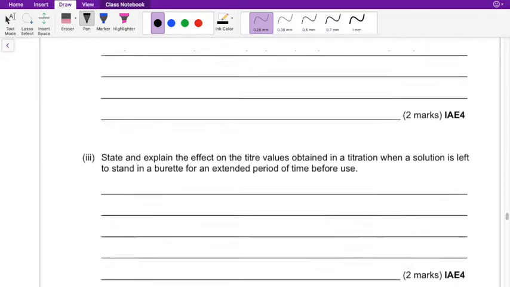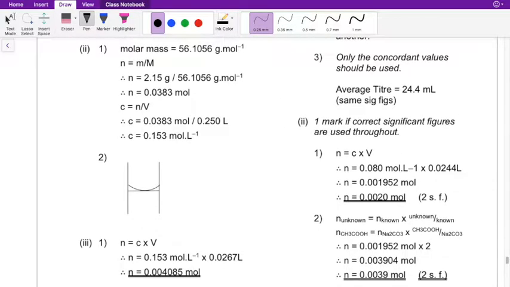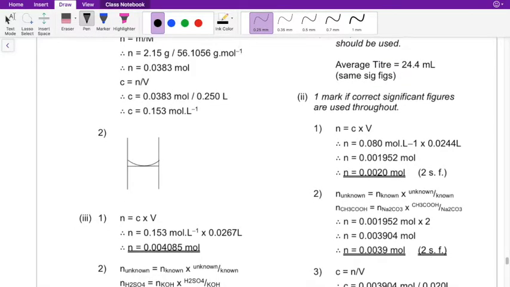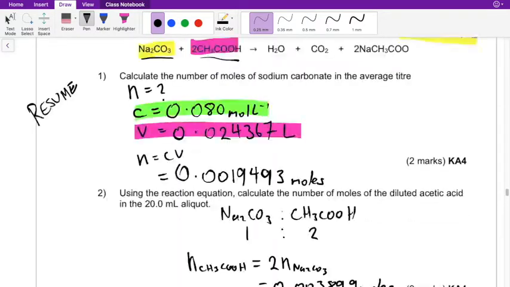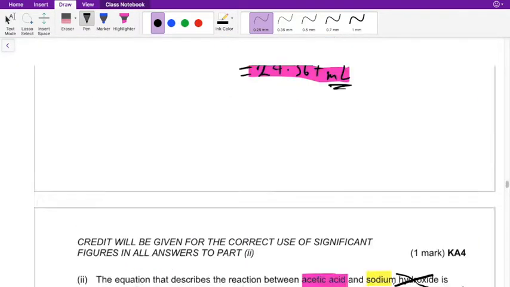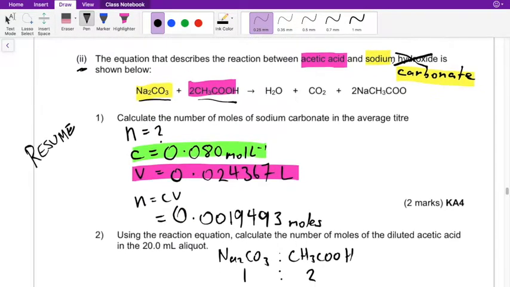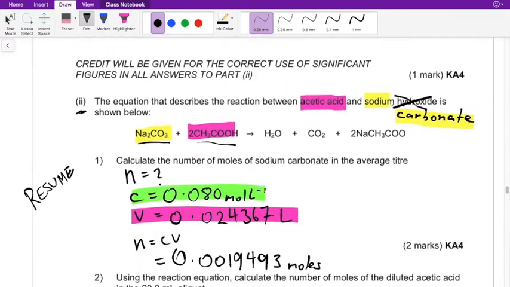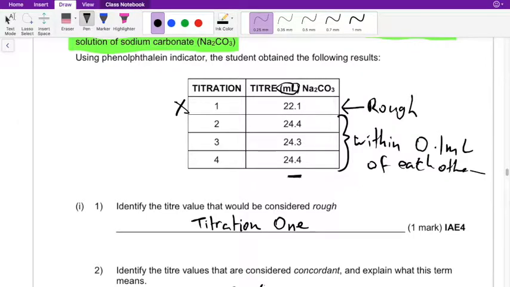I'm just going to very quickly check the answers to make sure that number's right, just because I am doing these on the fly at the moment. Where are we up to? 0.019. Yeah, cool. So just make sure I'm correct. Now, something important that I forgot to keep track of, we are looking at significant figures for this part. In our calculation, our concentration was given to 2 significant figures, and our volume was given to 3 significant figures.